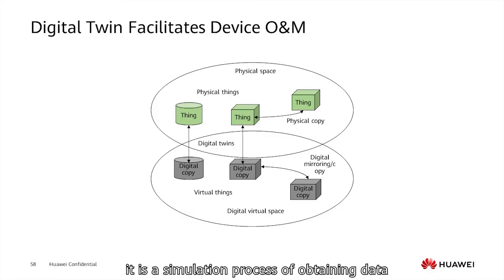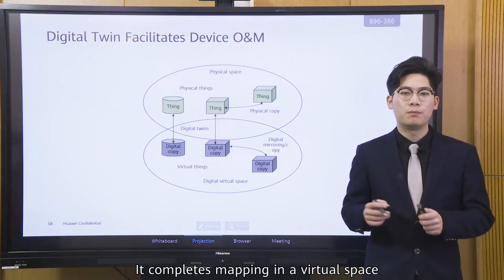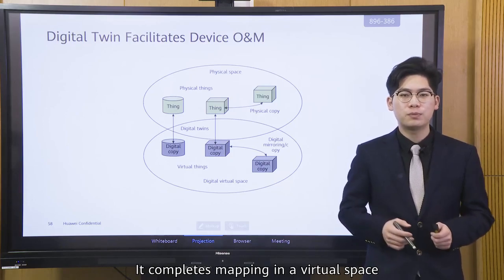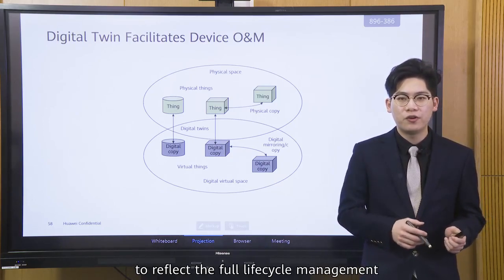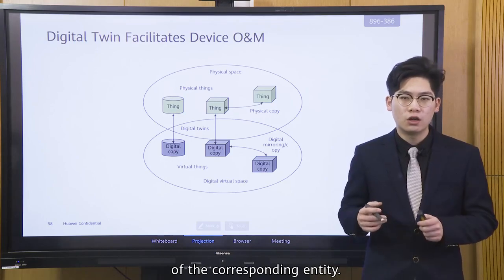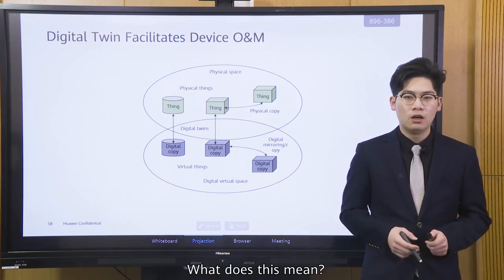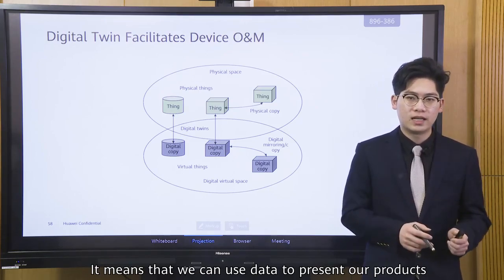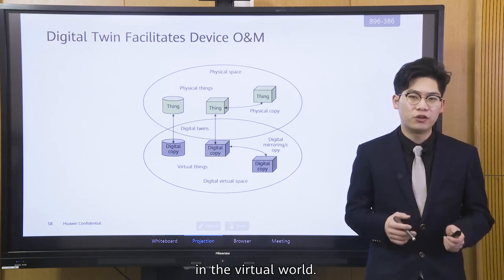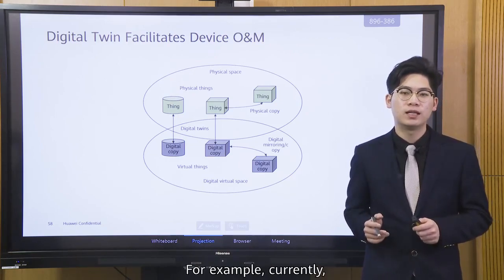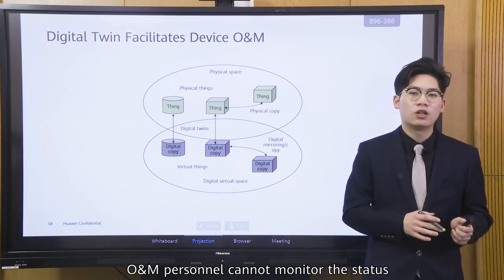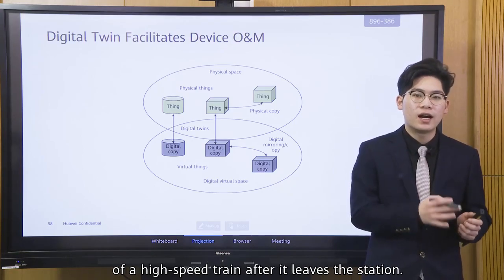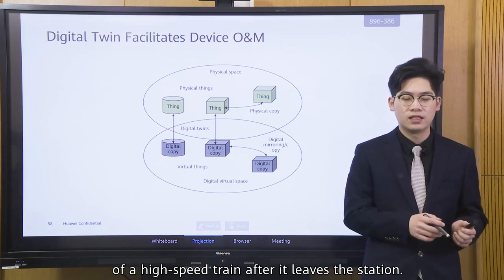There is also digital twins technology, which will be described in subsequent courses. Simply put, it is a simulation process of obtaining data using sensors and physical models. It completes mapping in a virtual space to reflect the full life cycle management of the corresponding entity. What does this mean? It means that we can use data to present our products in the virtual world. For example, currently, O&M personnel cannot monitor the status of a high-speed train after it leaves the station.